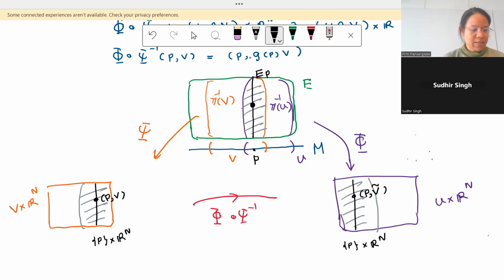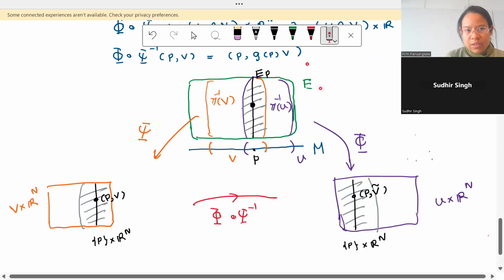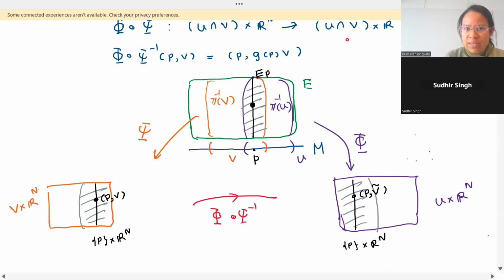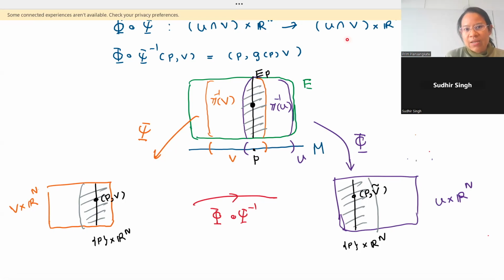Because by definition, when we restrict the local trivialization onto a fiber, it is an isomorphism between vector spaces. Then this composition is an isomorphism as well. And since it is an isomorphism, invertible, the relation between v tilde and v will be given by an invertible matrix.